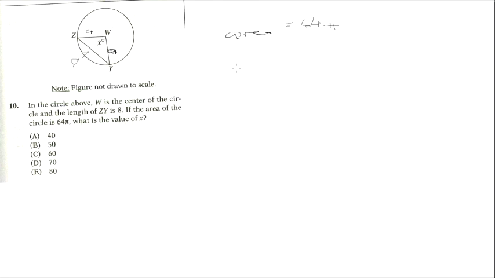Okay, so if we have an area, which is going to be pi times r squared equals 64 pi, cancel those out, r equals 8. Okay, so we have 8 and 8.